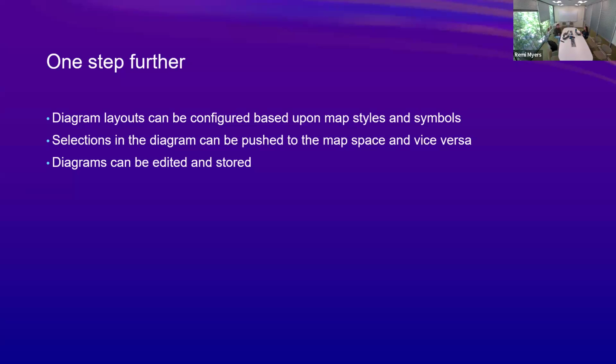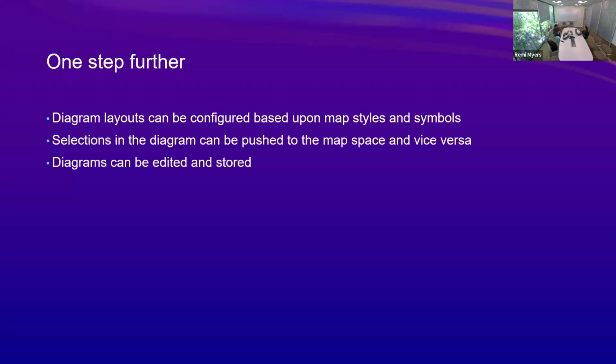So looking at diagrams one step further, you've got the ability to configure these diagrams based upon a wide range of map styles and symbols. So I just created mine based upon the map interface. They can be more simple. They can be designed whatever makes sense for your business. As I mentioned, selections in the diagram can be pushed back to the map space.